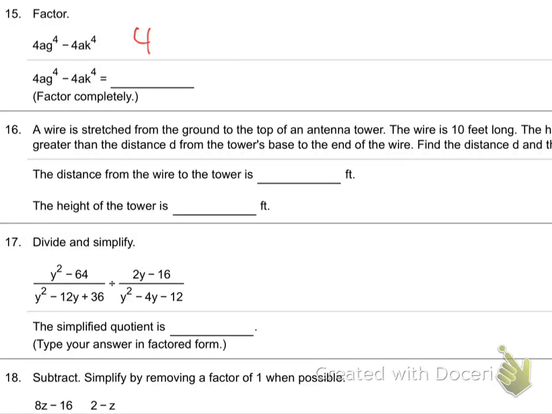Okay, so let's take out 4a, leaves g to the fourth minus k to the fourth. Right, take out what's in common.